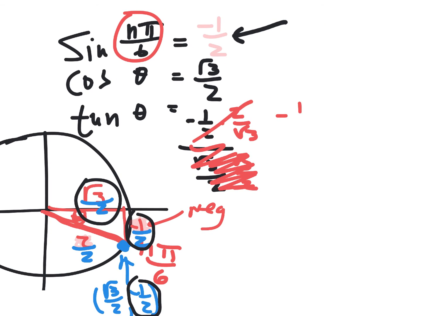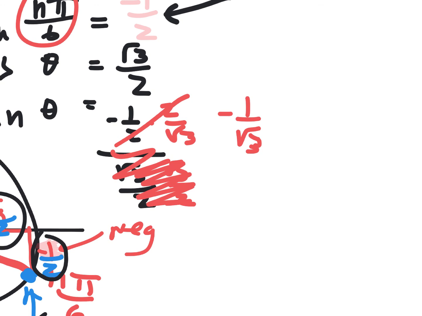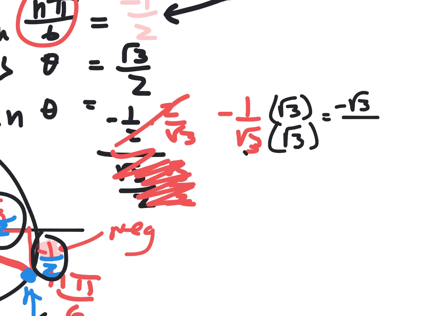Now, I want to remind you, there are some people, including the people who wrote our textbook, who are obsessed with never letting there be a square root in the denominator. So what they do is they do this every time there's a square root. They multiply by the square root, and this ends up being negative root 3 over, that's really root 9, which is 3.